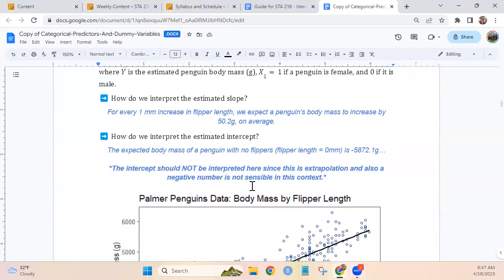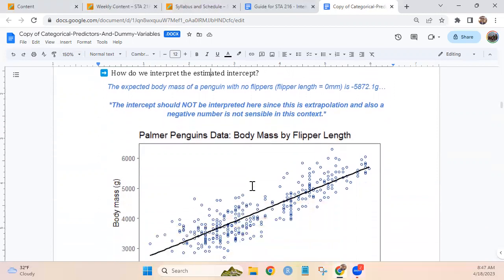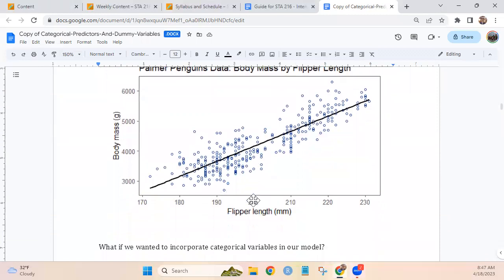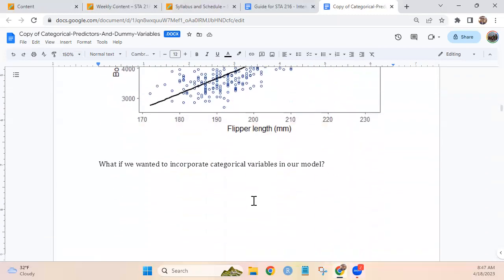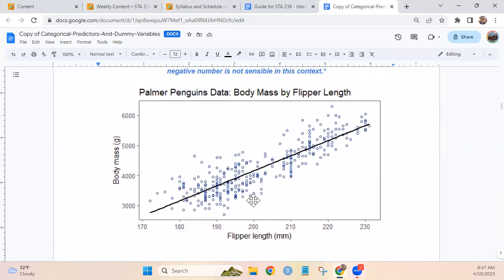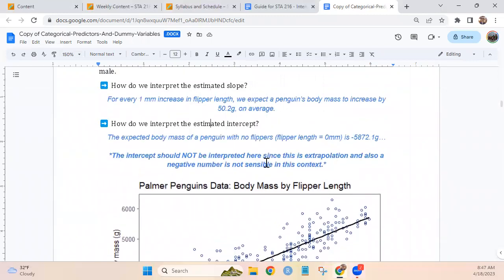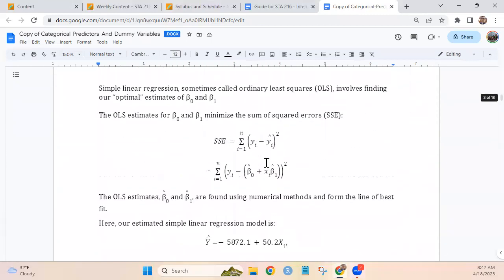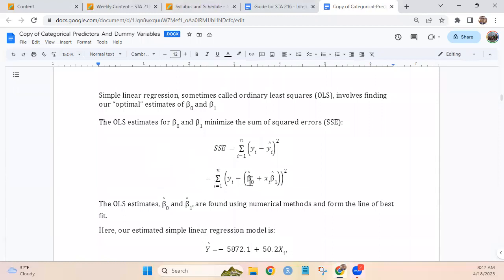So that's all review. We've already talked about that for simple linear regression for a quantitative predictor. But what if we wanted to incorporate categorical information in the model? We talked about here how SSE, the solutions for these betas, is found using calculus with calculating a derivative.